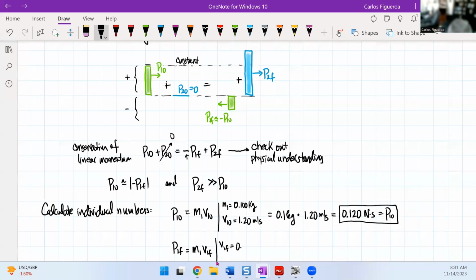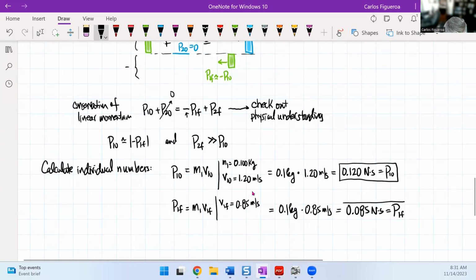So this will be 0.85 meters per second. If I multiply this out, I get 0.1 kilograms times 0.85 meters per second, which will give me 0.085 newton seconds, and that's going to be the magnitude of P1 final.